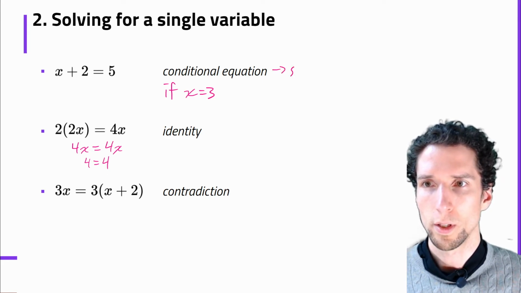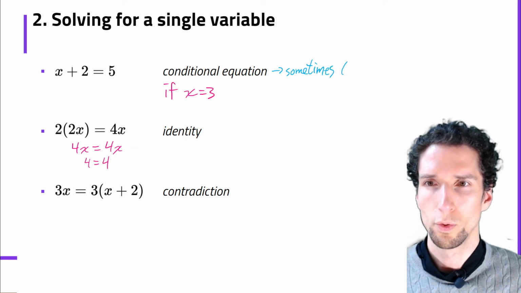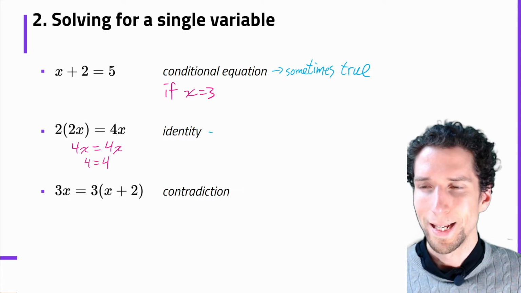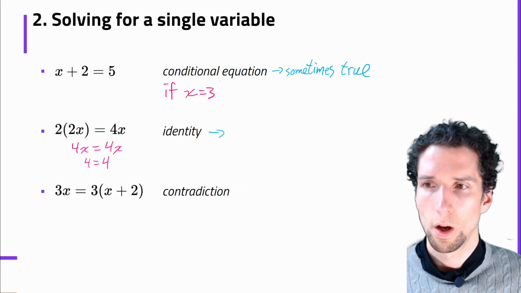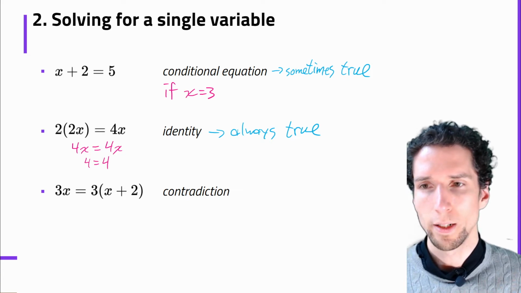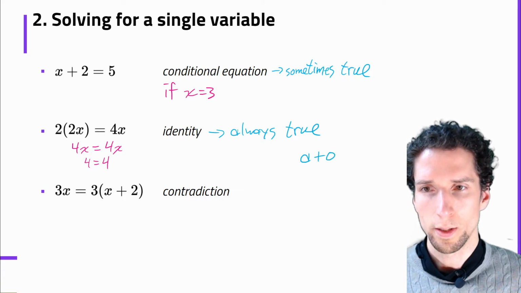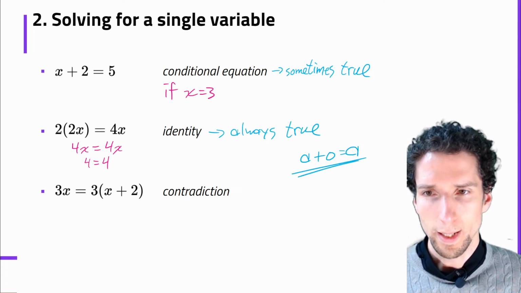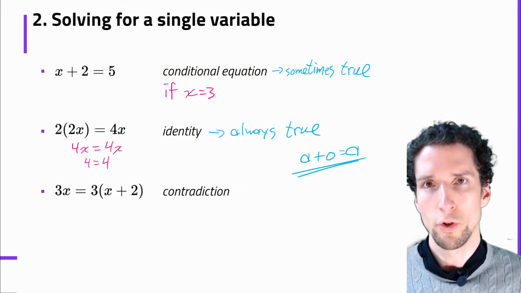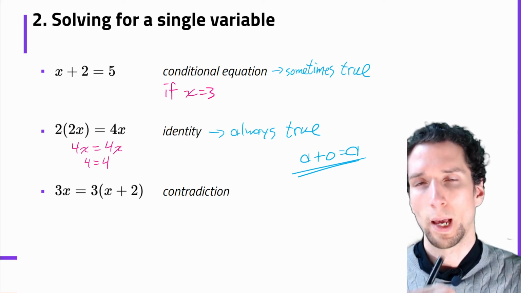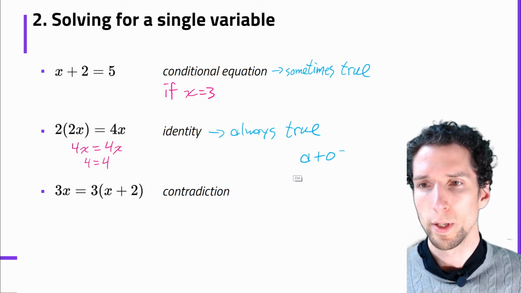So conditional equations are, do this in blue here, sometimes true. Identities like this are any statement that is always true. Just like I said, the additive identity, for example, a plus 0 equals a, that's an identity because it's always true. There is no value of a that makes this a false statement. Always true.